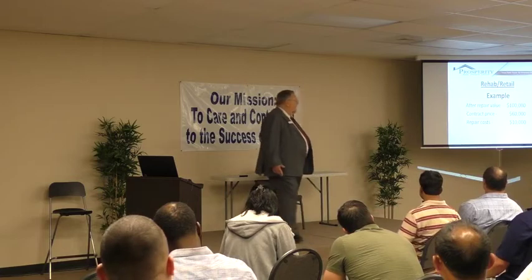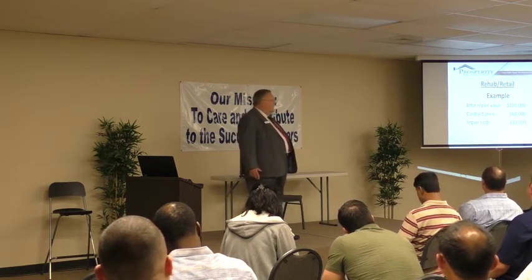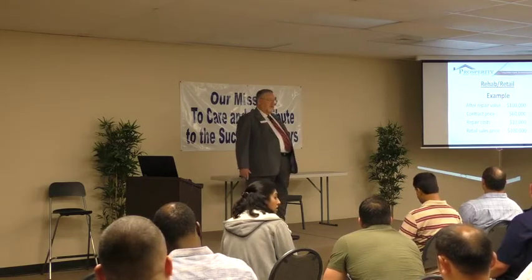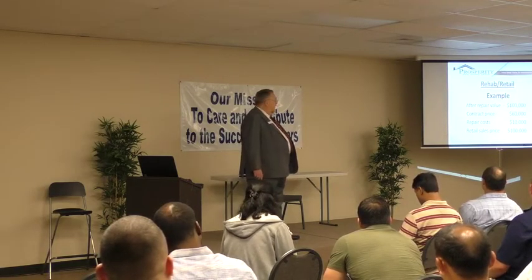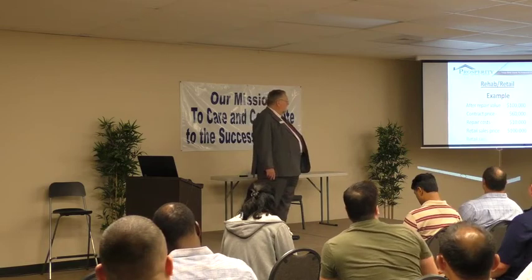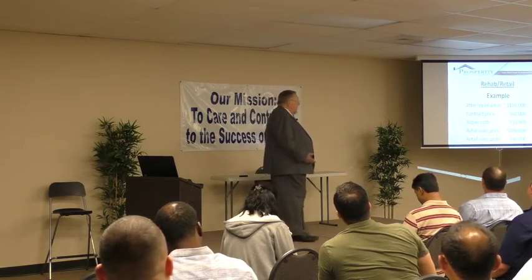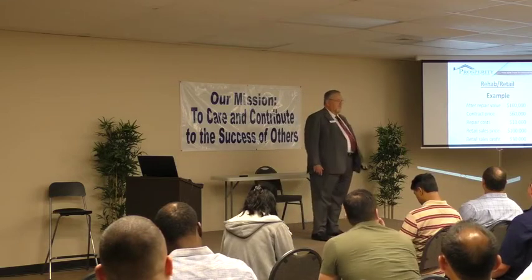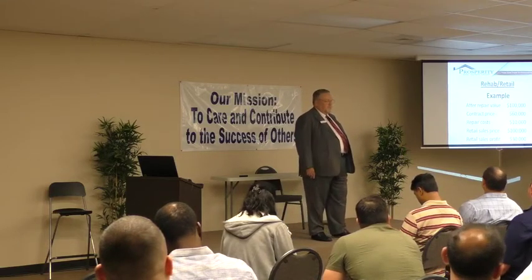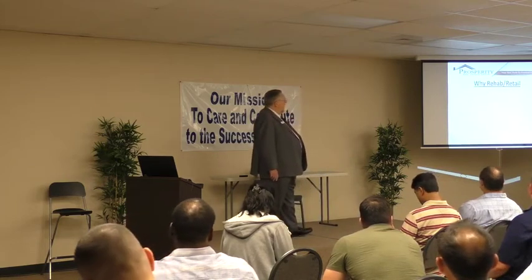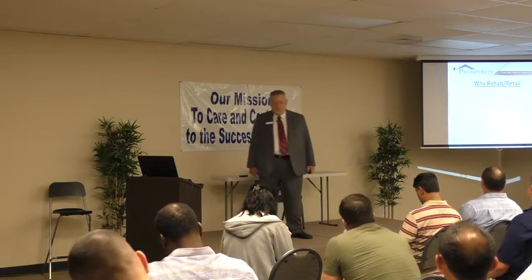That's a fairly light rehab. And you sell it for close to $100,000. So you're into it for $70,000, you make a profit of $30,000. That's a standard example of a normal flip. Okay? All right.